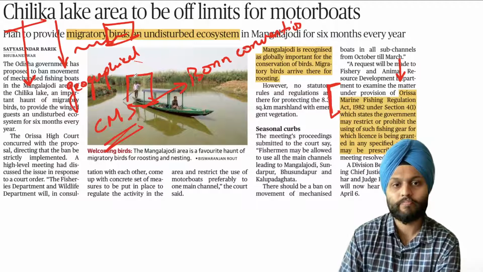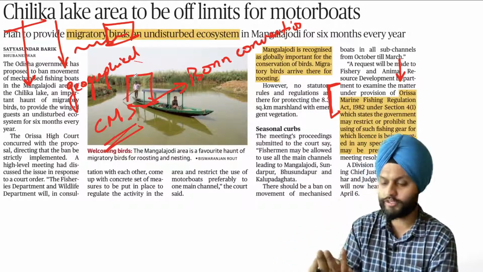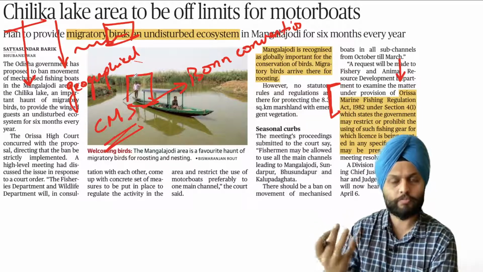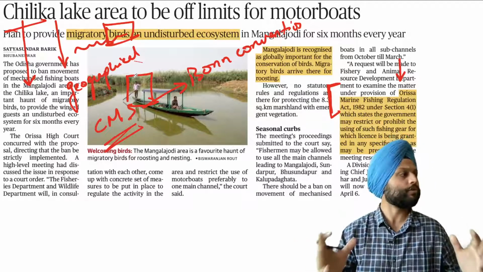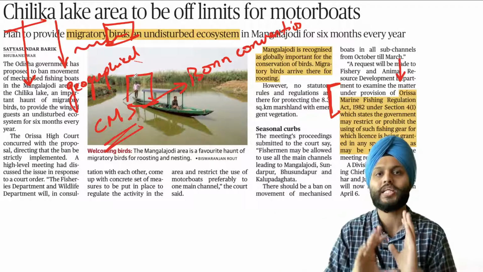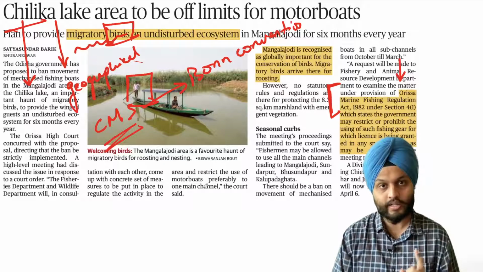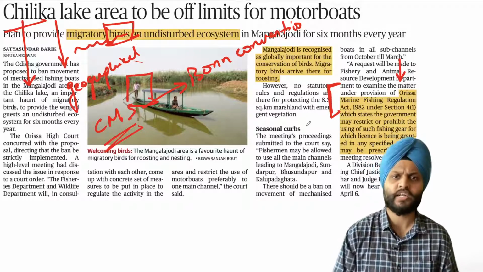Obviously benefited in terms of revenue, and the best sources of revenue are fishing and tourism. So tourists coming, they get cooperation from the local people, and all of this is done in a sustainable manner because they know that their livelihood is there till the time the habitat is preserved.